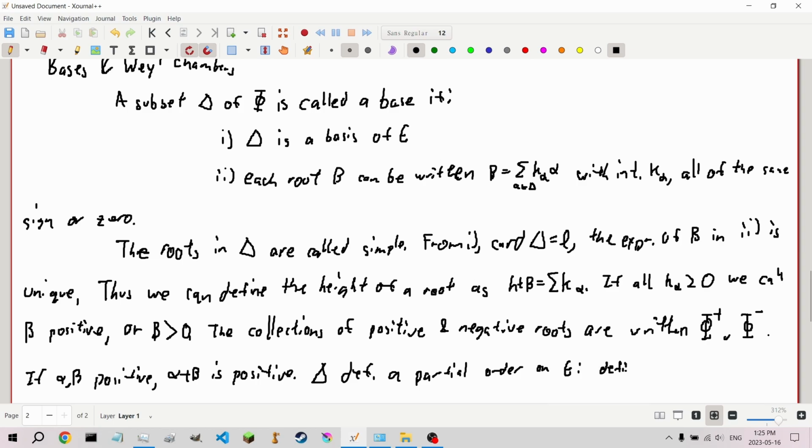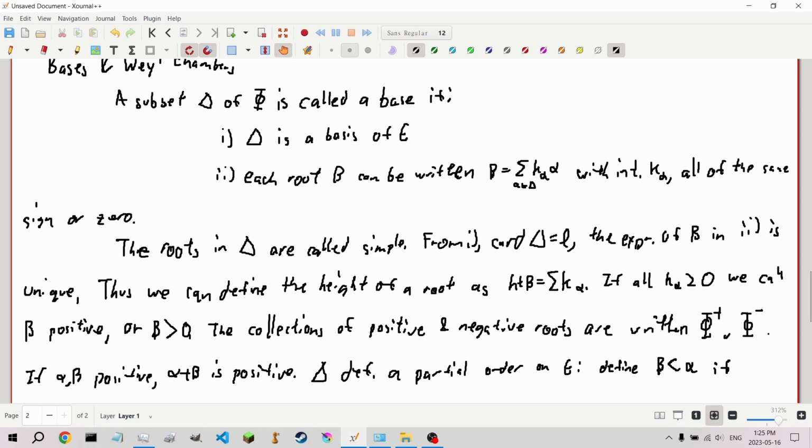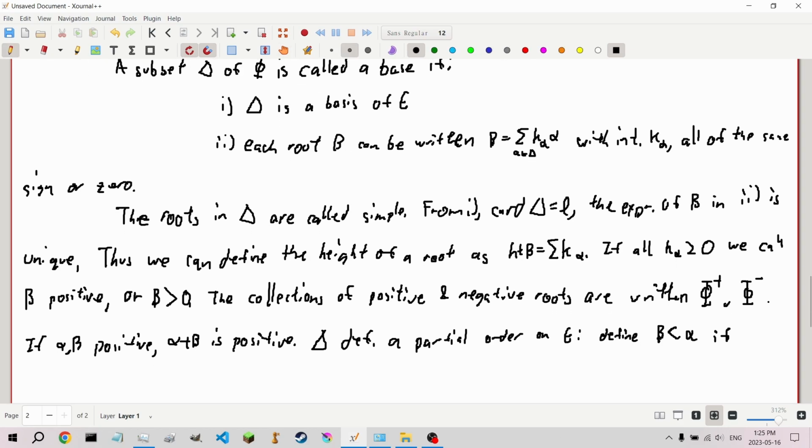We define that beta is less than alpha if alpha minus beta is a sum of positive roots, or alternatively, simple roots.